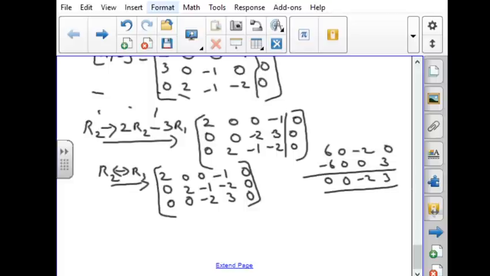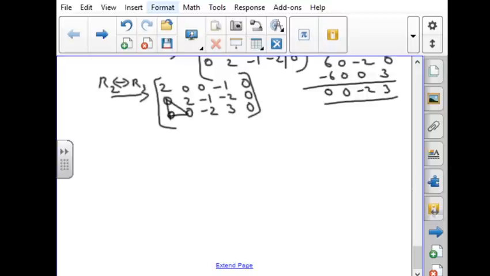So now we have got the echelon form, this triangular form. Now we can find the values. From the last one, we have minus 2x3 plus 3x4 is equal to 0.